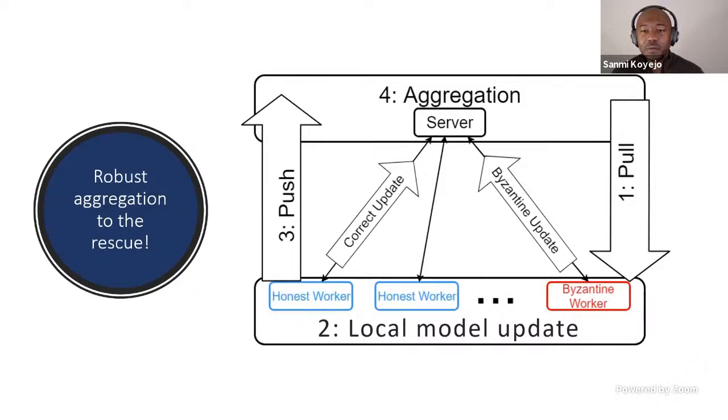We're worried about a subset of the workers being Byzantine or adversarial or just error prone in various ways. One way to deal with this is to treat it as a robust averaging question. Remember, what the server does is average or aggregate the results from all the different workers. So what is often done is to replace the server average with some kind of robust averaging. The idea is that if I can replace it with robust averaging, I can show that the overall method has good properties.